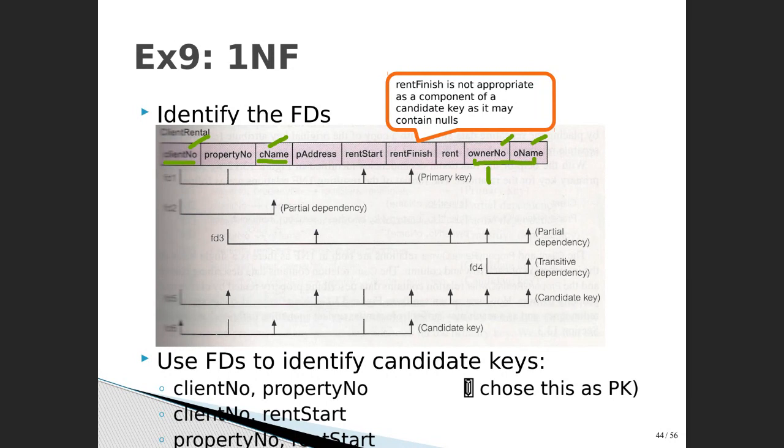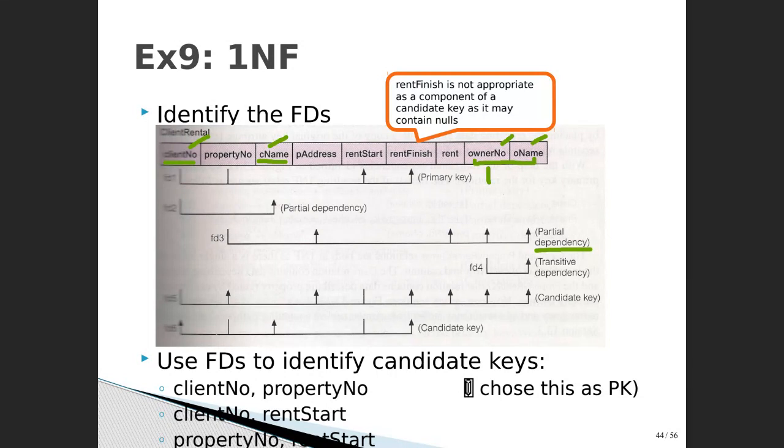Partial means the dependency will remain even if we remove, for example, owner number. Owner name would also be dependent on the other attribute. So this is the meaning of partial, not full dependency. There is another attribute associated with the same relationship.